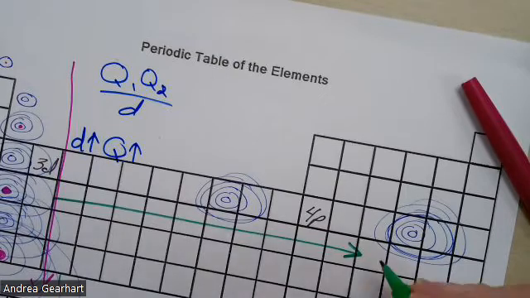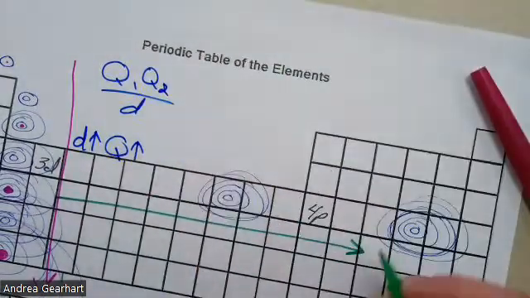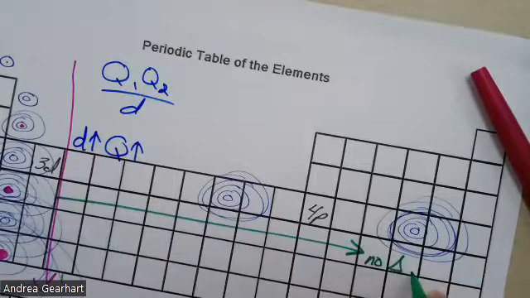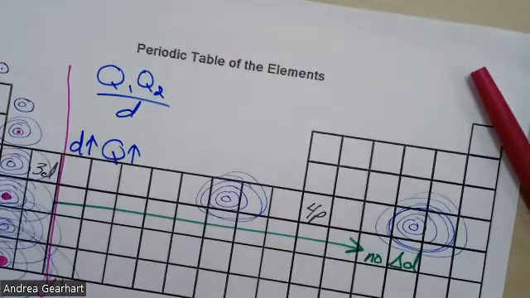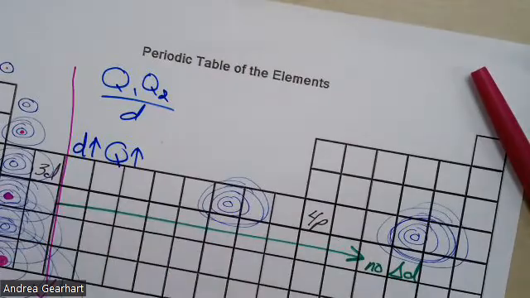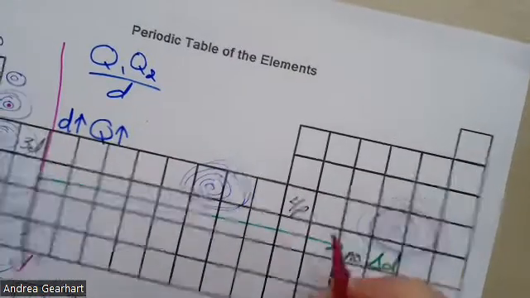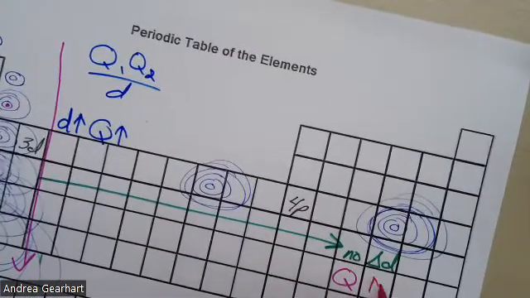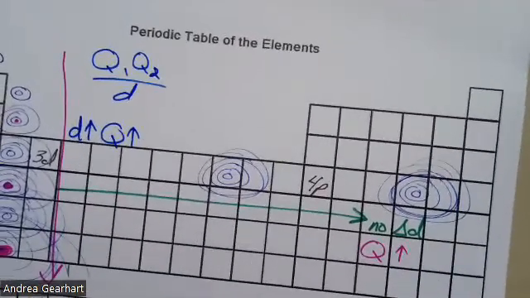Same-ish, yeah? Not like when we're going down a column. So there's no change in the distance. But as we go across, with every move to the right, Q is increasing, because we're adding another proton, another proton, another proton. Okay, is that all right?